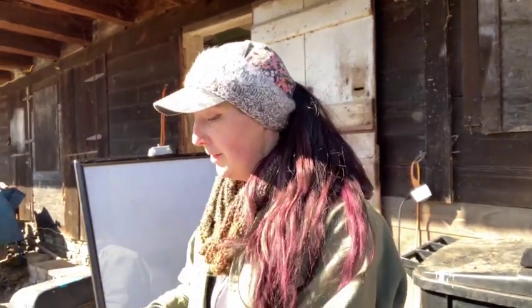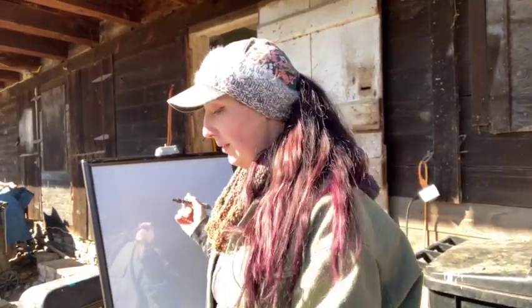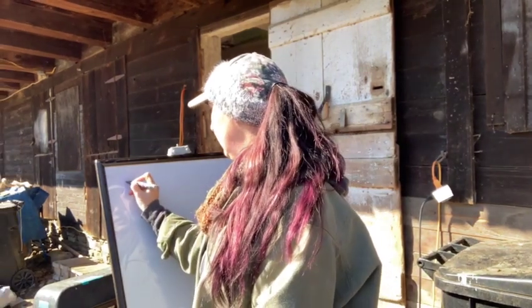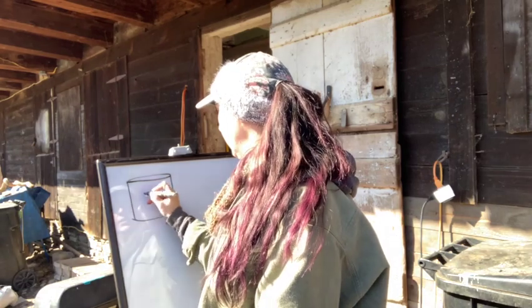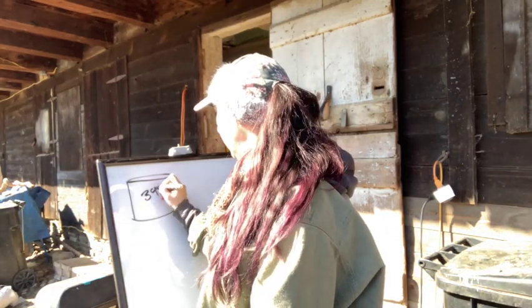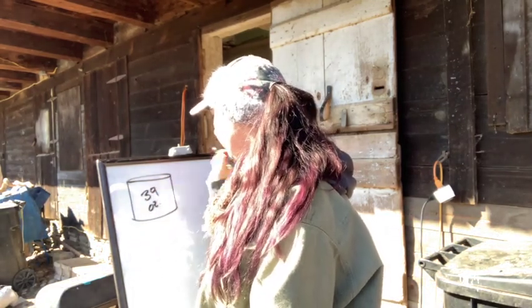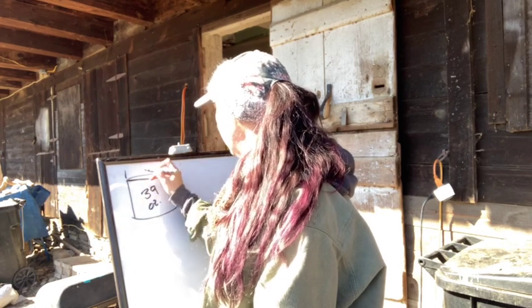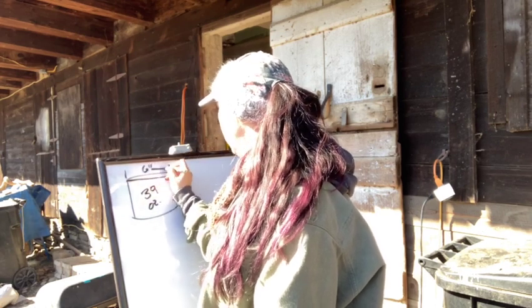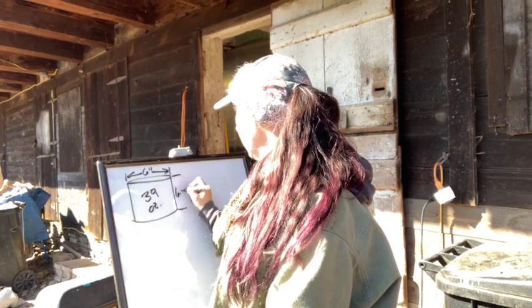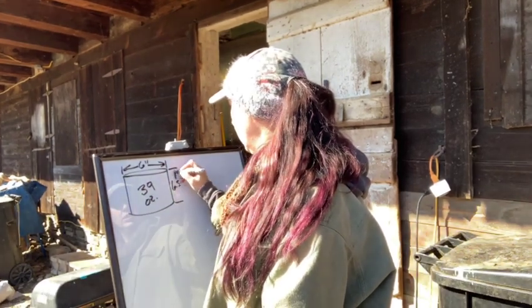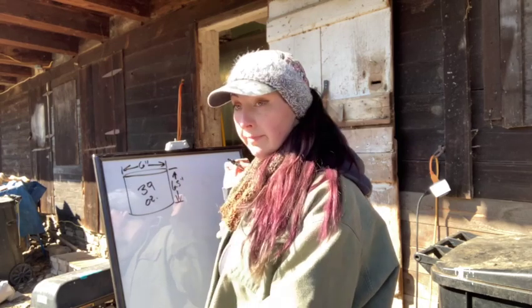So we have the coffee can coming in at 39 ounces. It is 6 inches in diameter and 6.5 inches high.